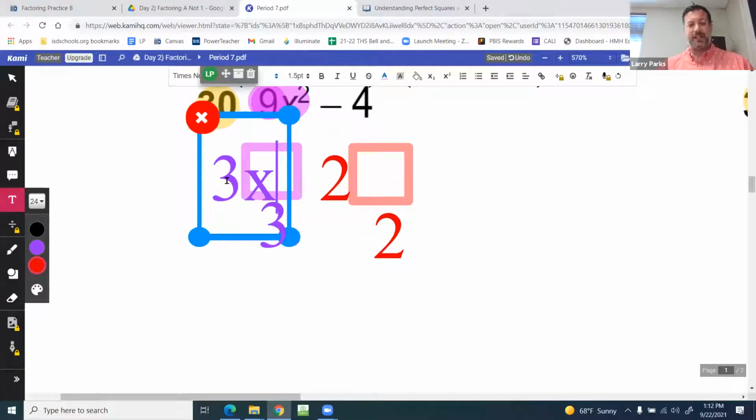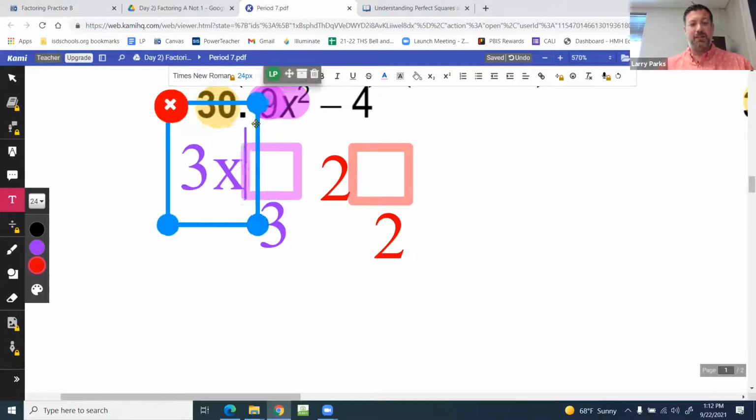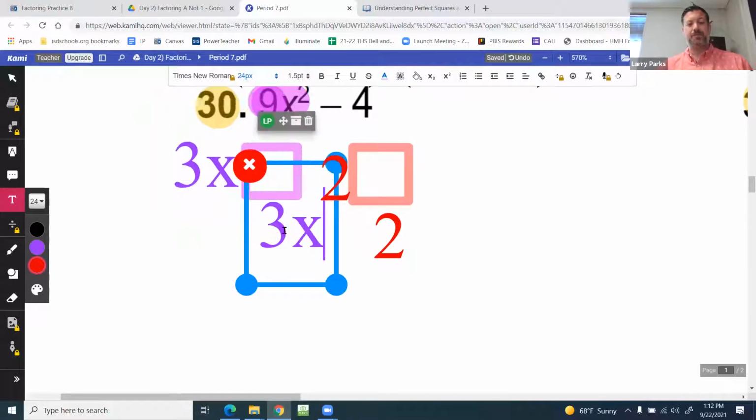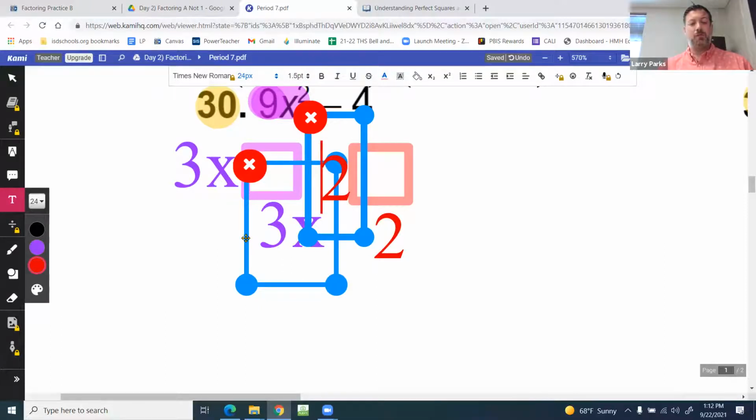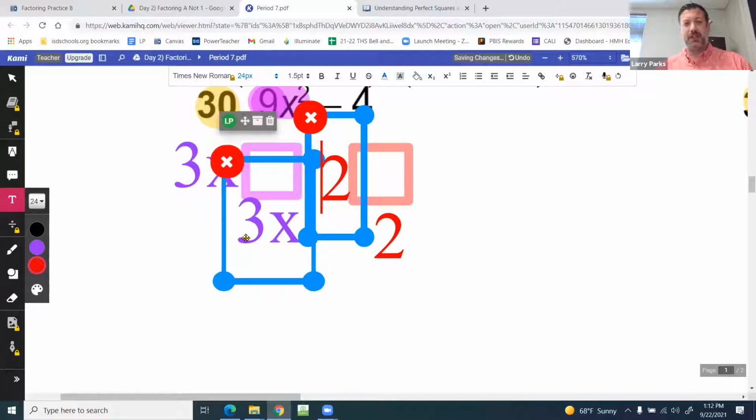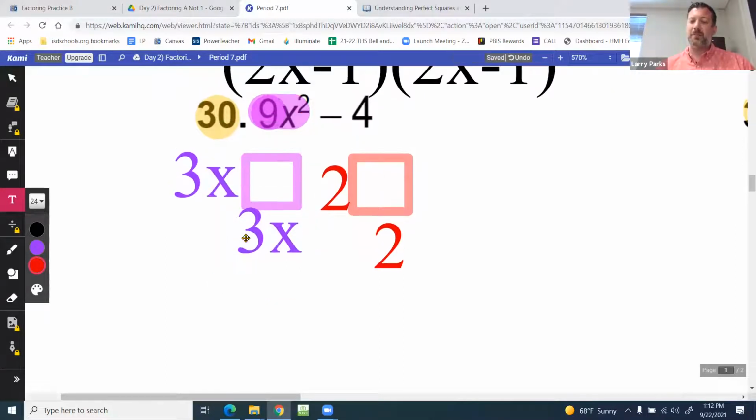So I'm just going to add an x there. Let's see. Because 3x times 3x is 9x squared. 2 times 2 is 4. Now this is called factoring by difference of two squares.